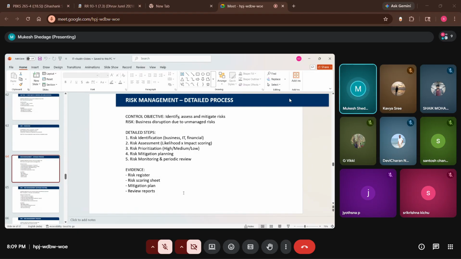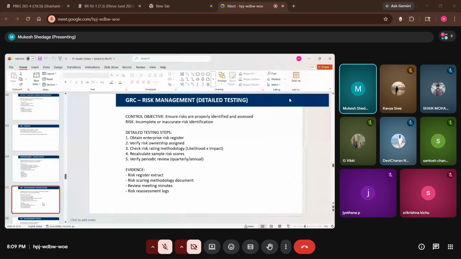Got it? Two categories of risk: inherent and residual. Inherent means without treatment. After treatment, whatever risk remains is called a residual risk. Understood? Any doubt? No more questions? Okay.